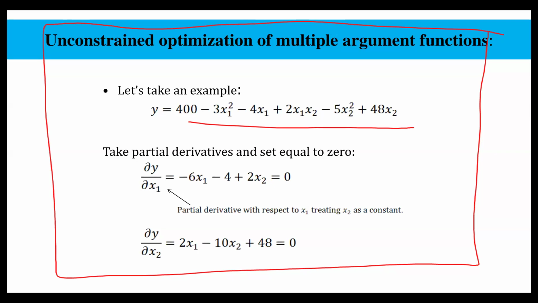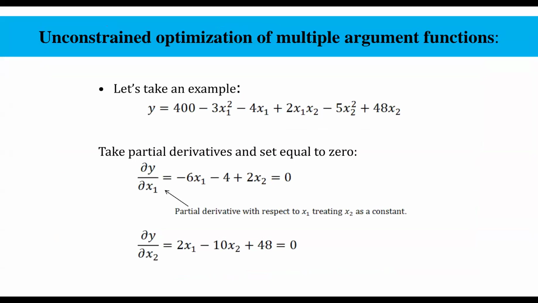So I can encourage us to go there and just indulge. Then we come back again tomorrow. We start from unconstrained optimization of the multiple argument function, where the variables on the right hand side are more than one now. You can even have four variables: x1, x2, x3, x4, x5.